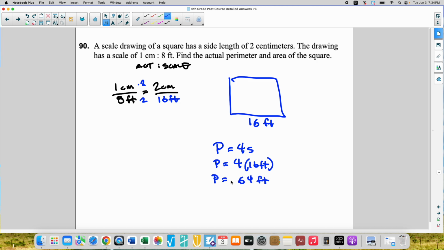Notice it's to the first degree, because perimeter is a distance. And then if we want to find the area, A equals s squared. That's the formula for a square. So that is going to be 16 feet quantity squared. And 16 times 16.